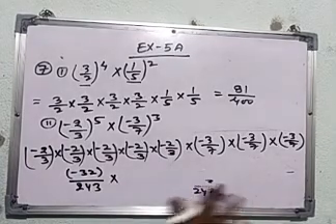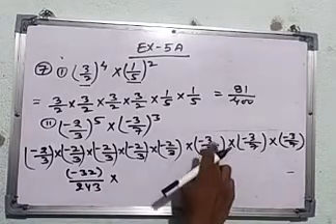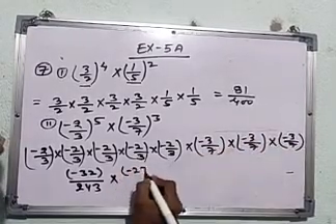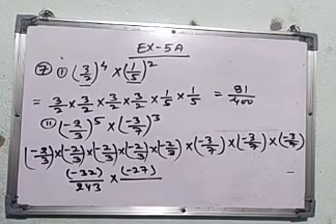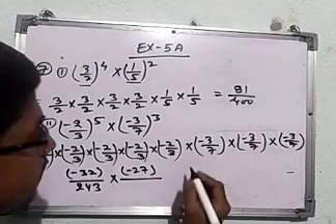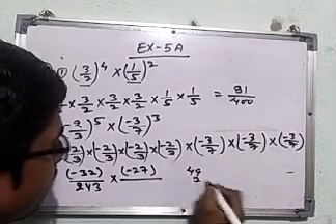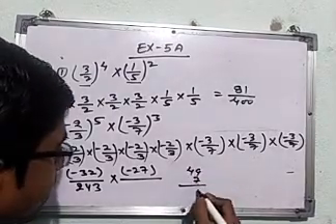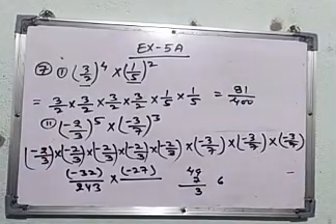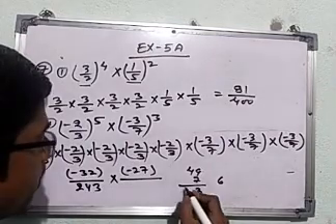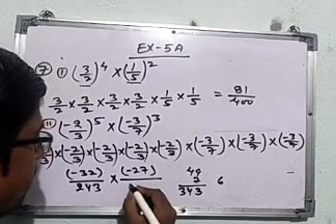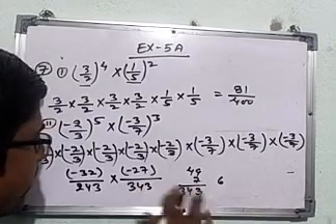Again 3 threes are 9, 9 threes are 27, 27 sevens: 7 sevens are 49, 9 and 4 is 13, 7 sevens are 49, 63, and so on. So here you write 343.